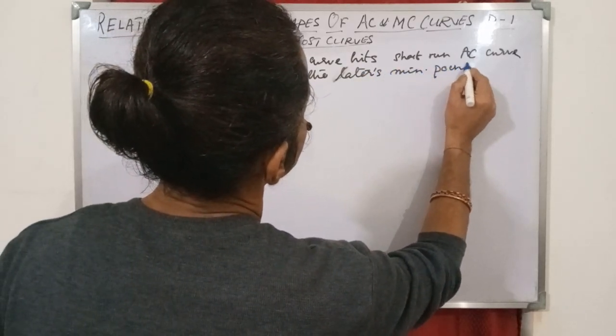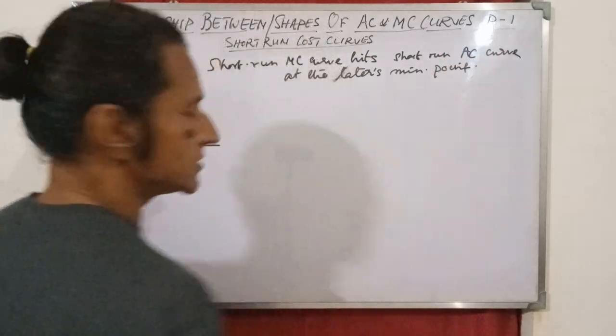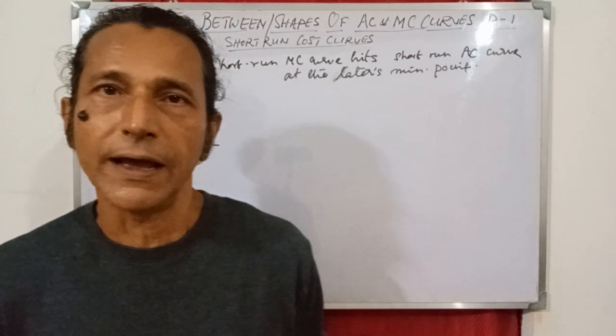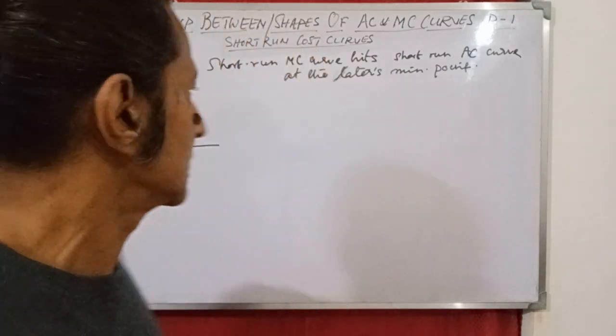This means the short run marginal cost is intersecting the short run average cost at the latter's minimum point.